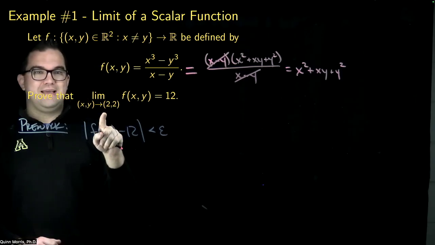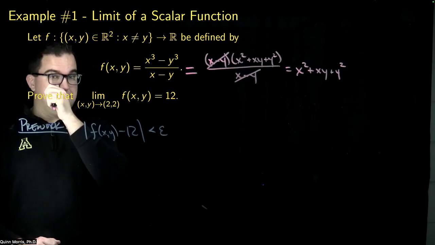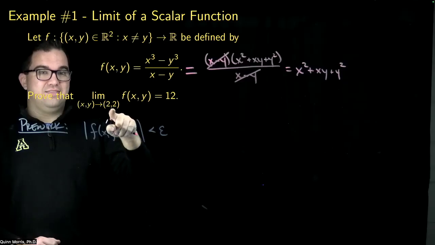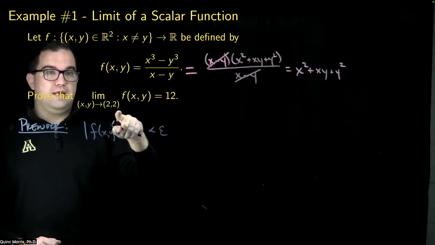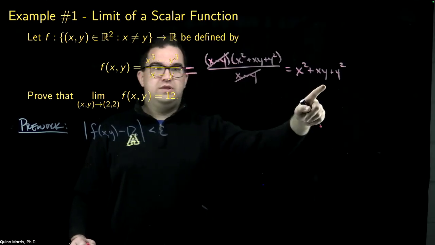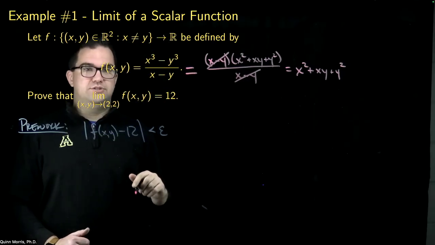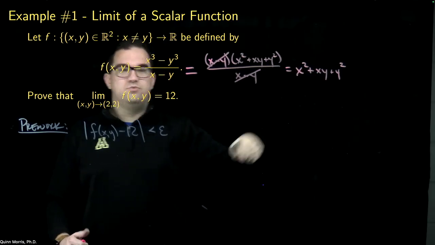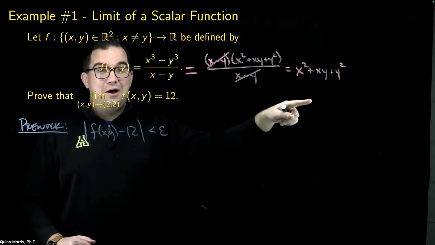Now, notice we're taking a limit as (x, y) approaches a place where x and y are equal to each other. So our function is not defined at this point (2, 2), okay? This equivalence only holds when x and y are not equal to each other. However, if you go ahead and plug 2 and 2 in for x and y respectively, you'll see you do get 12 out.